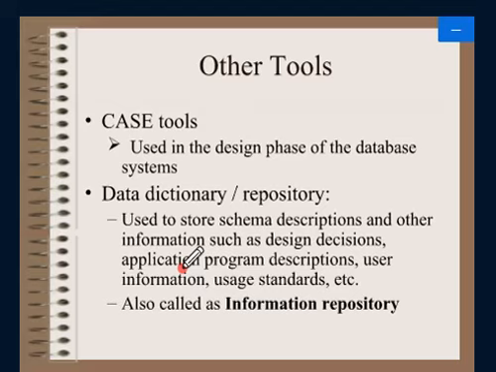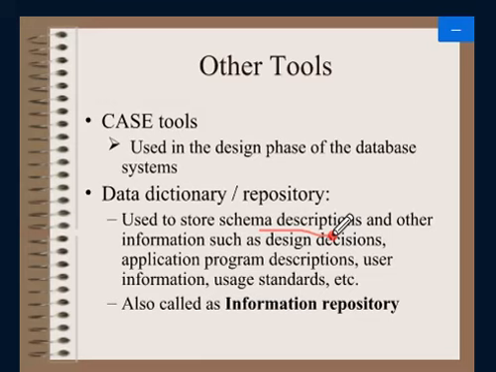In addition to storing catalog information about schema and constraints, the expanded data dictionary stores other information such as design decisions, usage standards, application program descriptions, and other user information.